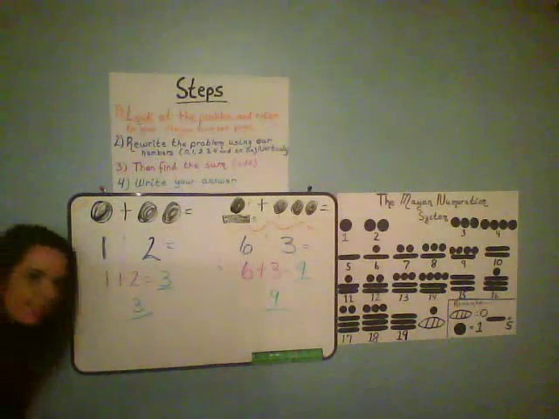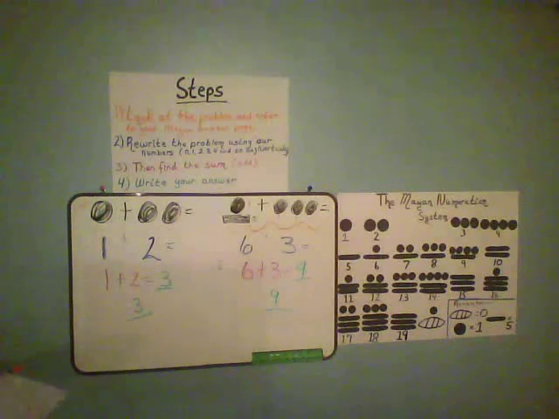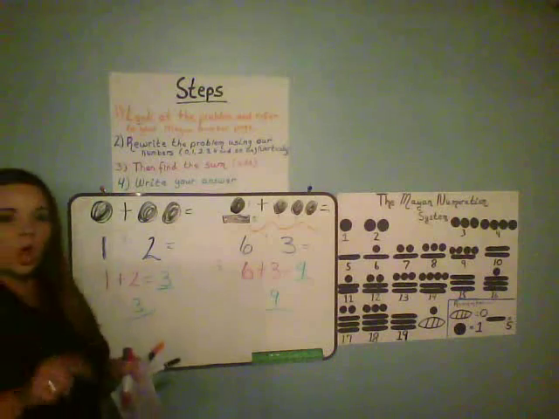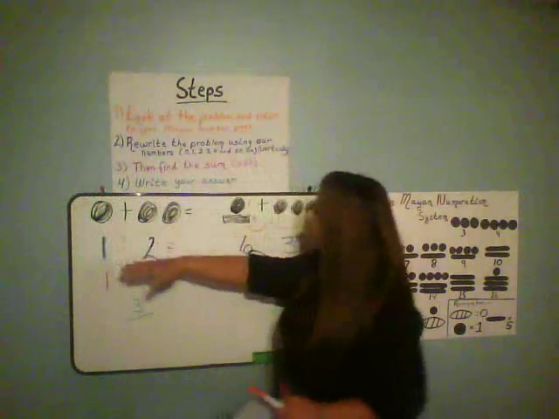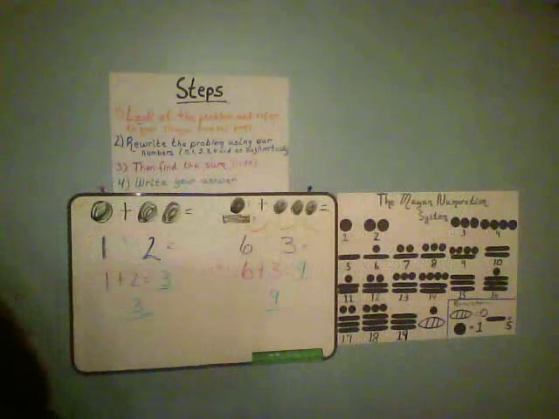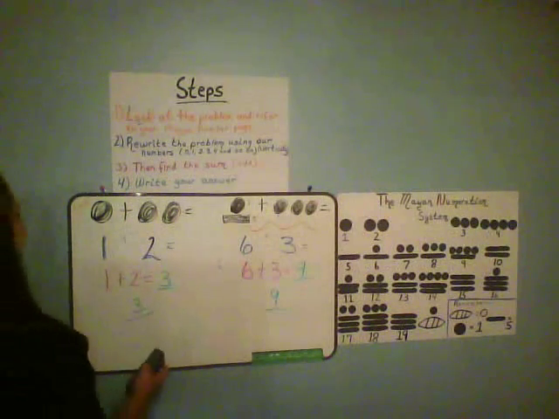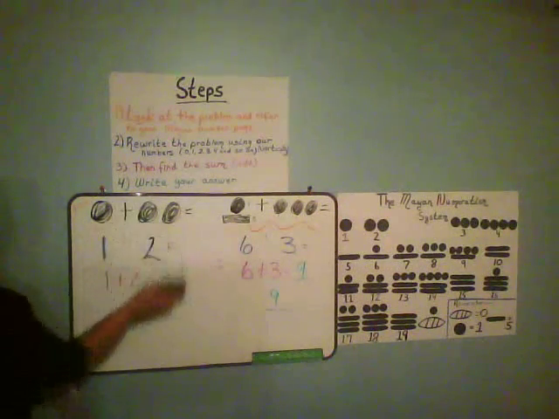Our answer is 9. Okay? Make sure you're writing these in your notebooks and make sure you're writing them vertically just like the Mayans did. Very important. All right, let's do one more example, and then you get to practice, okay?